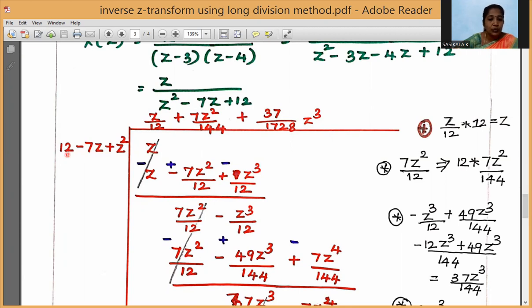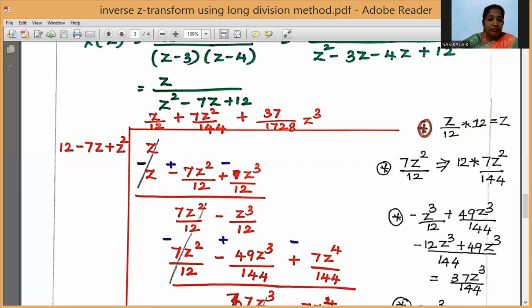So we have to find a quotient such that the first term should be z. Already I am having the 12 value, so this should be multiplied by a quotient such that I'll be getting z. For that you have to multiply this 12 by z by 12, so this 12 and 12 will get cancelled. So z by 12 is my quotient.